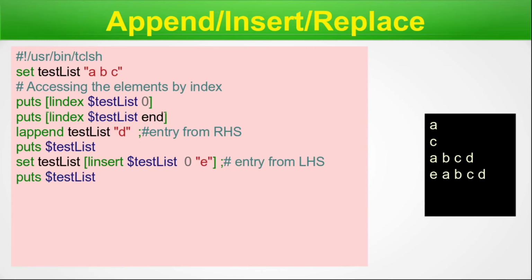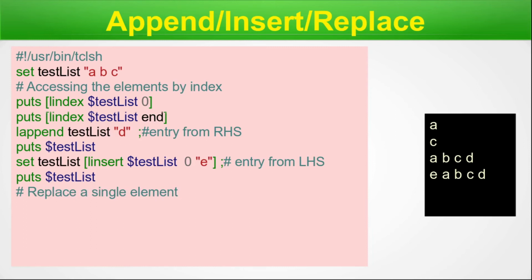So for entry of an element from the right hand side, we have to use append. For entry from the left hand side, we have to use insert. I have shown you both. You can still play with this insert in multiple ways at your end.